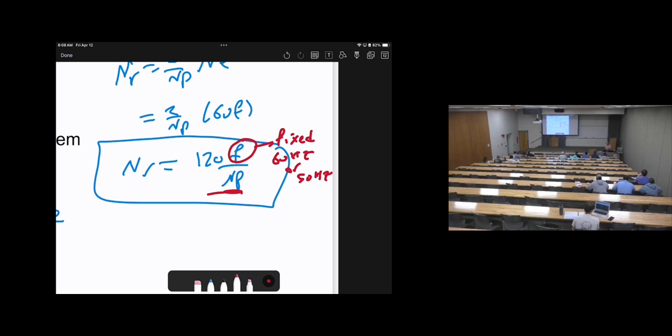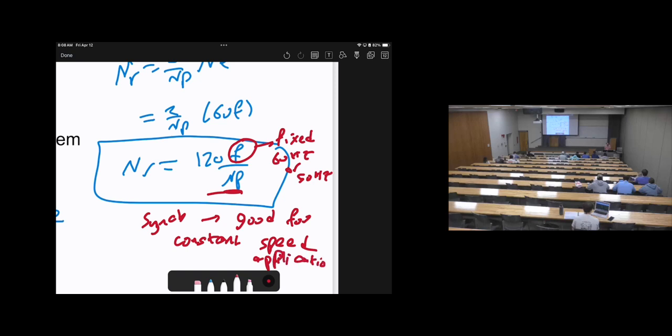So as a result, synchronous is good for constant speed applications.